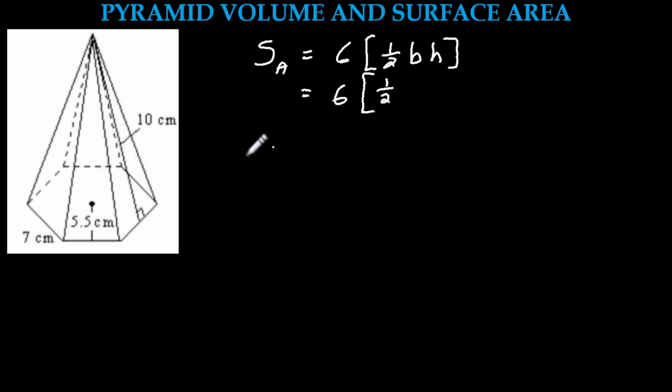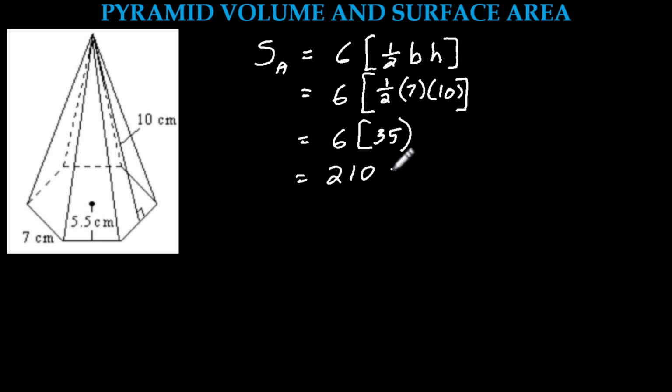The base of each triangle is 7, and the height of each triangle is 10. This is half of 70, so this is 6 times 35, which is going to equal 210, and our units are centimeters squared.